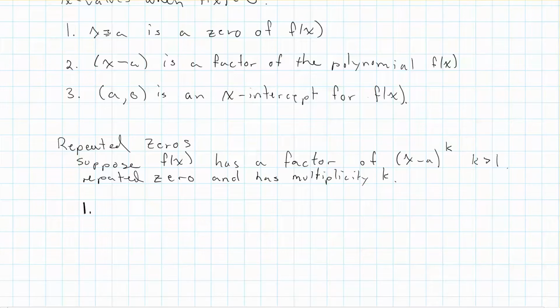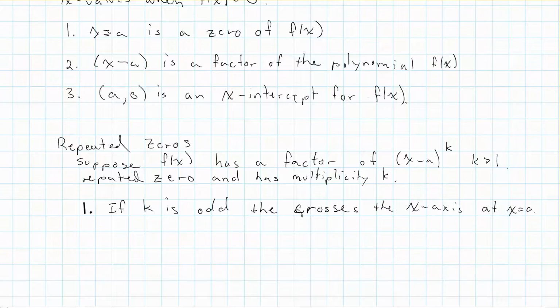Well, there's two things. If k is odd, the graph crosses the x-axis at x equals a.